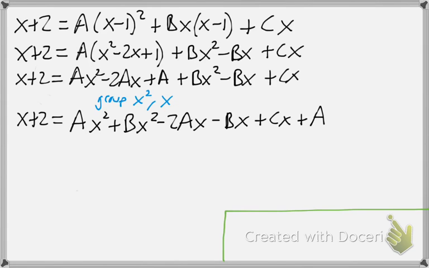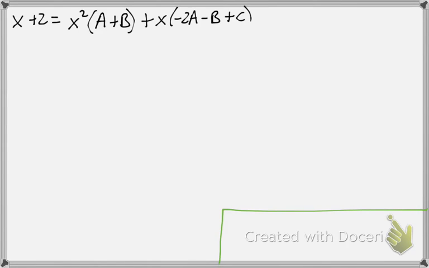And then I want to factor the x squared and factor the x. So I'm going to go to another slide. So you should have x plus 2 is equal to x squared times a plus b plus x times negative 2a minus b plus c, and then plus a.